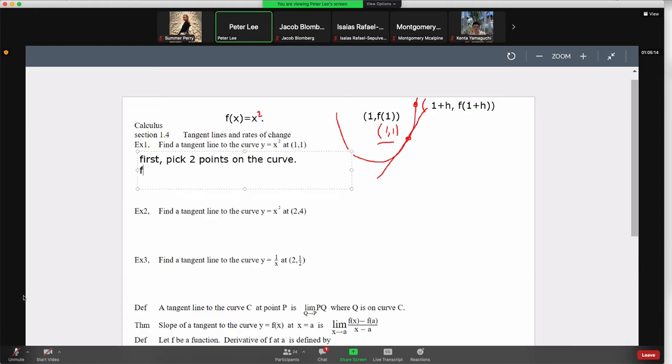The fixed point is (1, f of 1), which is equal to (1, 1) in this case, because f of x is x squared. And then we pick the moving point. What is the moving point? We will call this (1 plus h, f of 1 plus h), and f of 1 plus h is, of course, (1 plus h) squared.